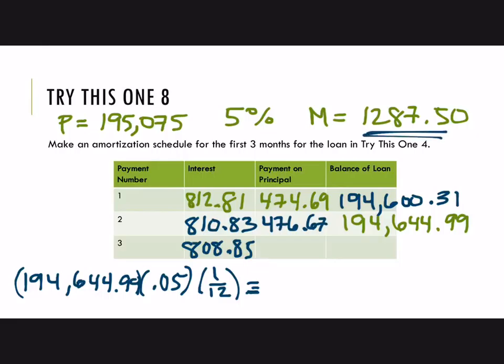All right, subtract that number from $1287.50, and the amount that goes to principal is $478.65. And then the new balance, take the previous month's balance, subtract the payment on principal, and you get $193,644.